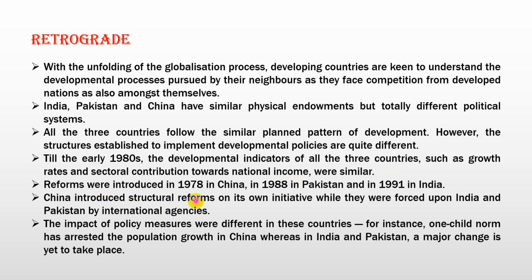China introduced structural reforms on its own initiative, while they were forced upon India and Pakistan by international agencies. The impact of policy measures were different in these countries. For instance, one child norm has arrested the population growth in China, whereas in India and Pakistan, a major change is yet to take place.